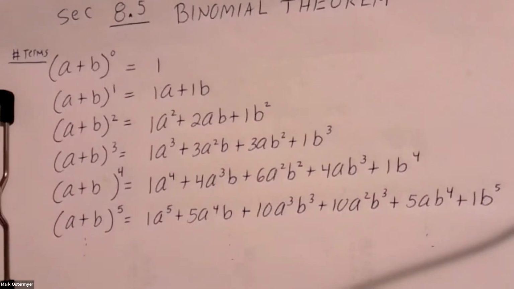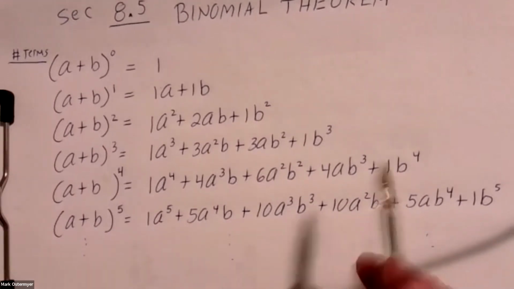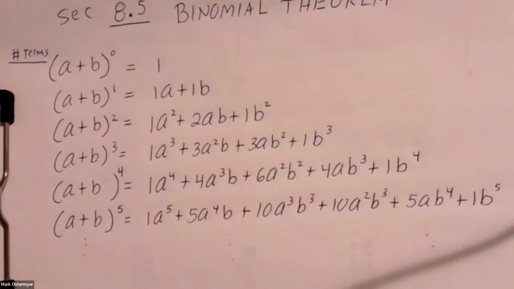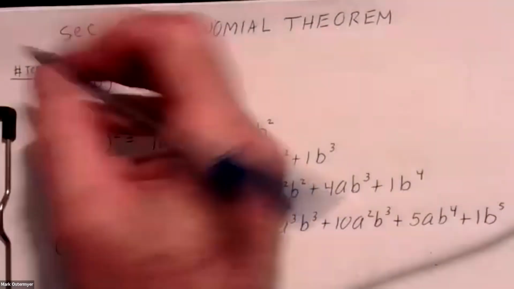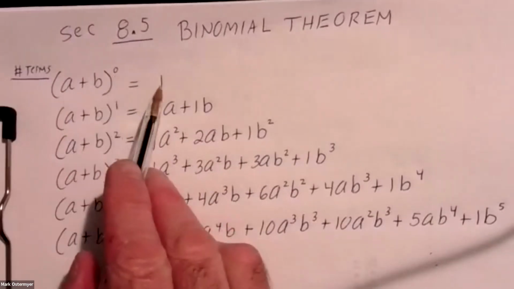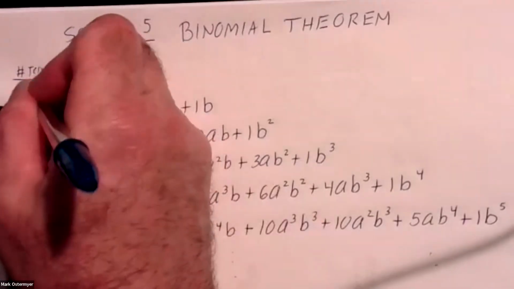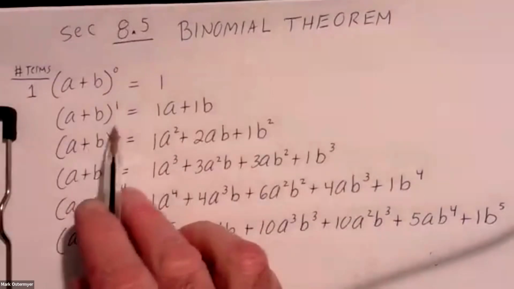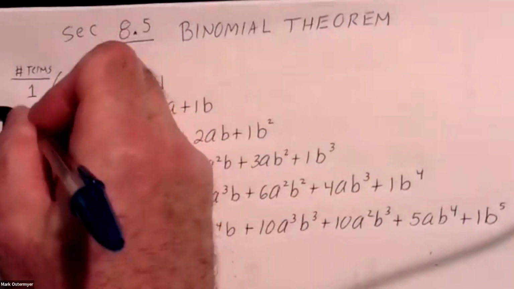All right. Now I want to draw your attention to several patterns that are inherent in these binomial expansions. Notice the first product, a plus b to the 0th power, yields one term. A plus b to the first power, we have two terms.